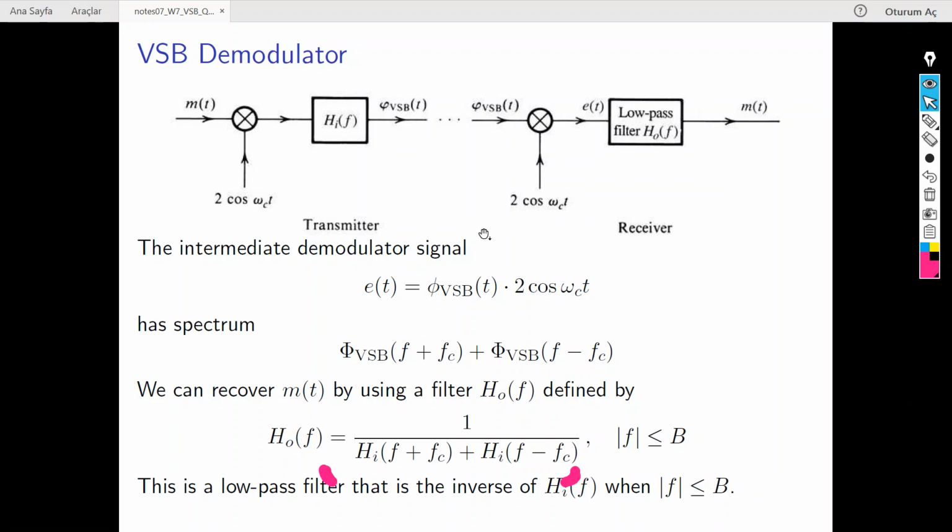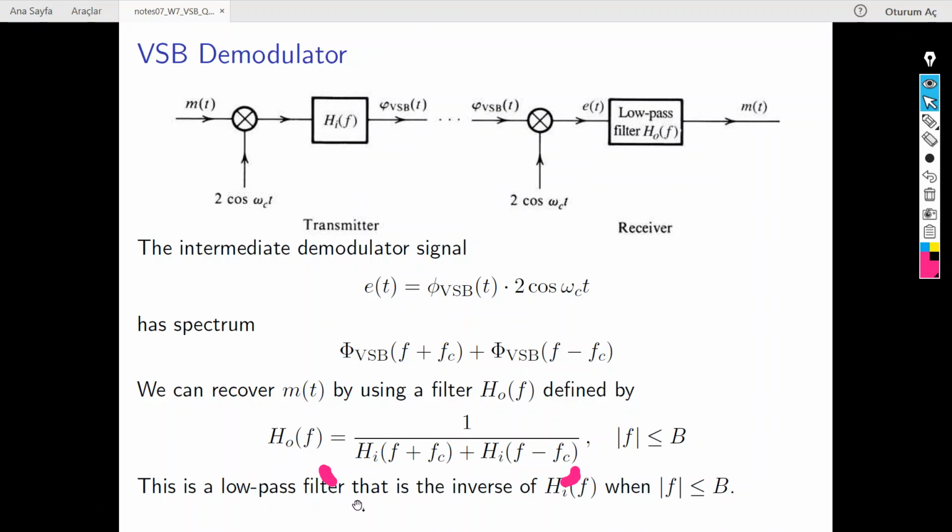And in the frequency domain, it looks like this. This is the formula in the frequency domain. You just shift plus fc, minus fc. And in order to recover the original signal, we must use a specially designed shaping filter called H naught of f, which is the inverse of Hi of f. And this is how you design it.